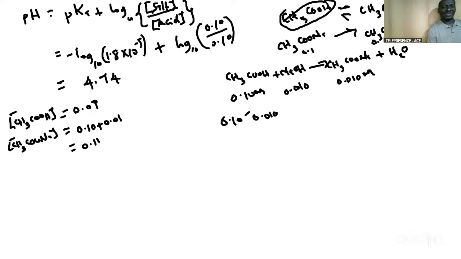So the acid has been reduced to 0.09, and the salt has been increased to 0.11. So the pH now becomes pKa, let me write it again, plus log to base 10 of the ratio of salt to acid.